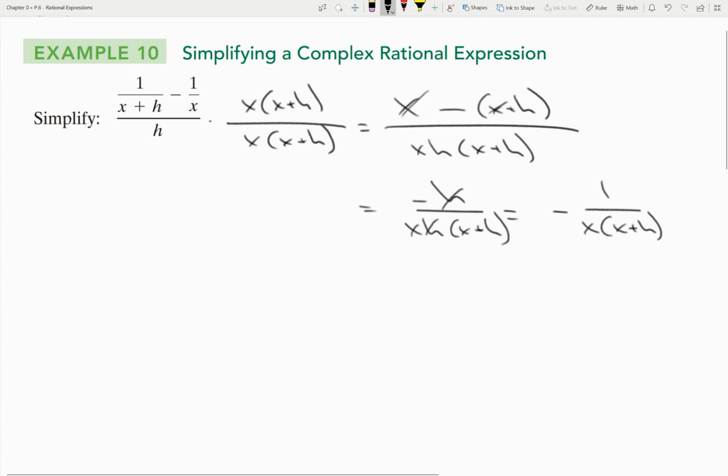This expression comes from something called a difference quotient, which is very handy in calculus because it's the basis of finding limits. And basically, we couldn't plug a 0 into this expression before because h is not equal to 0, and x is also not equal to negative h, or x is not equal to 0 as well.